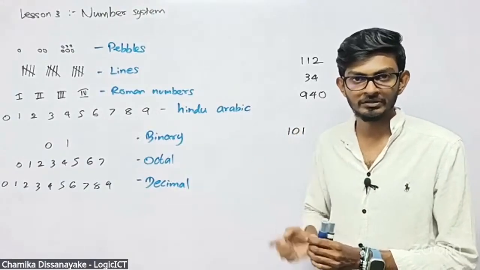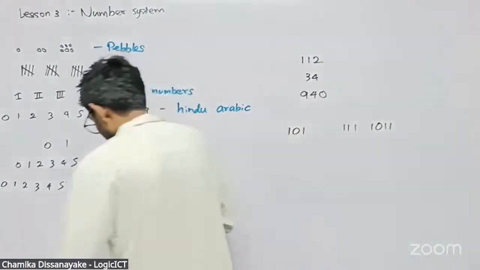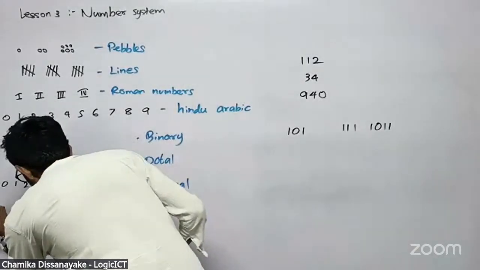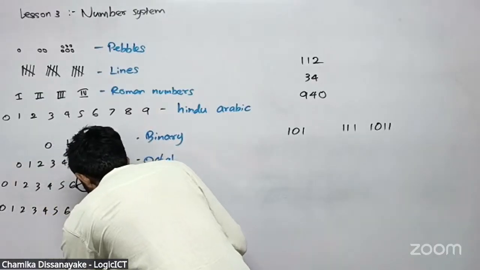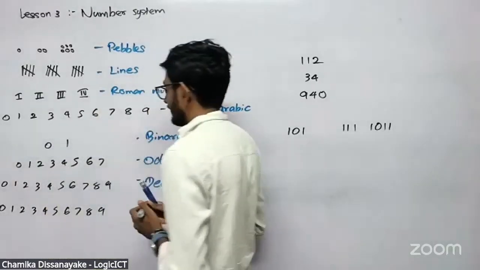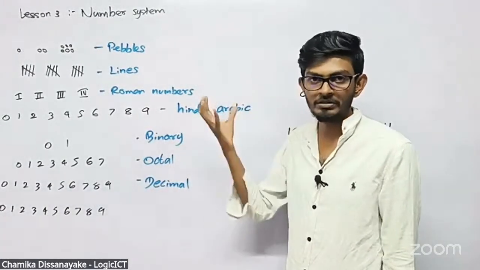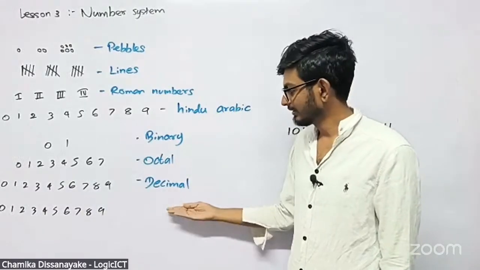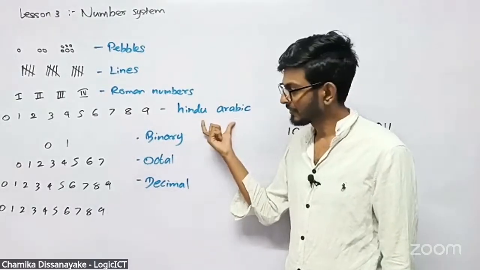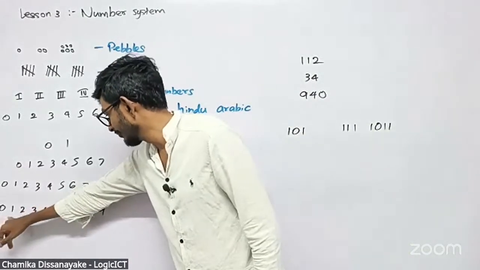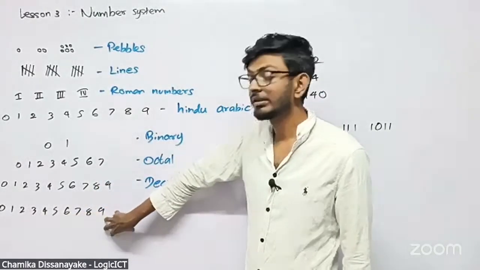So we can just write 0, 1, 2, 3, 4, 5, 6, 7, 8, 9. As I told you, we are going to use our Hindu Arabic number system symbols. So when we write 0, 1, 2, 3, 4, likewise up to 9, there are 10 symbols.